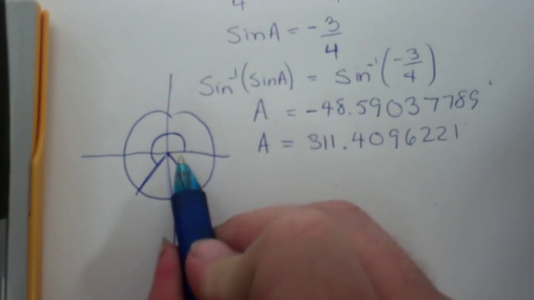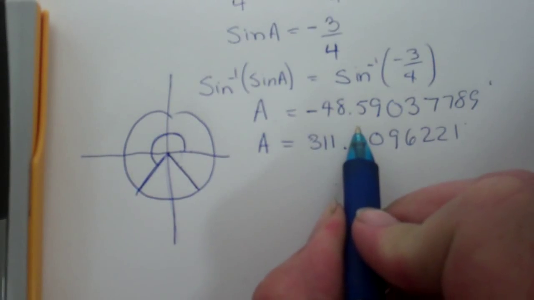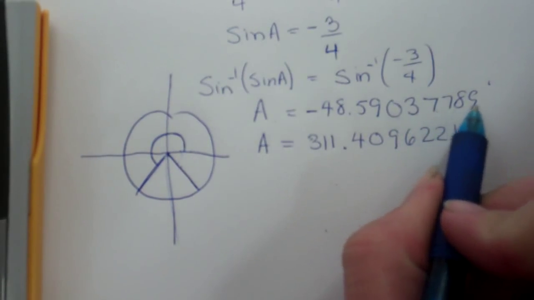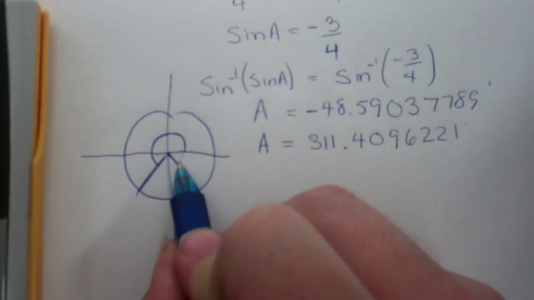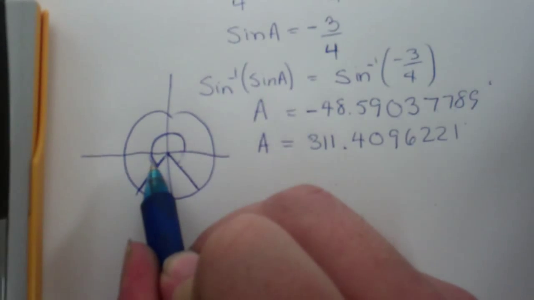Well, think about it. If this is the 48.59037789, that's this. That means that this is the same thing, right? Because it's a reflection. So this angle also has a size of 48.59037789.